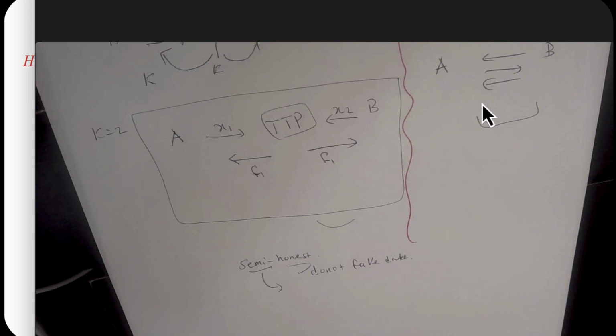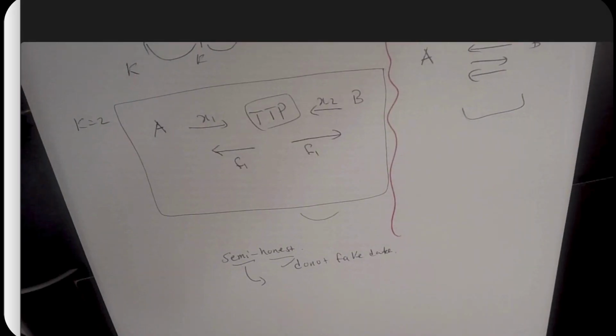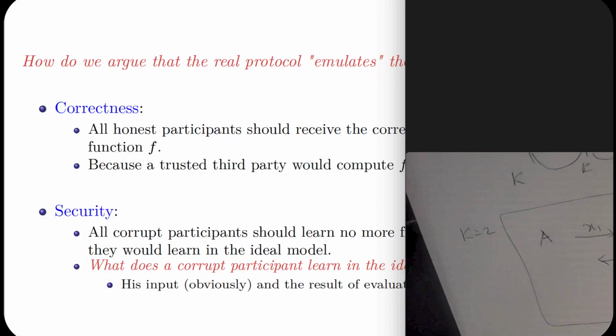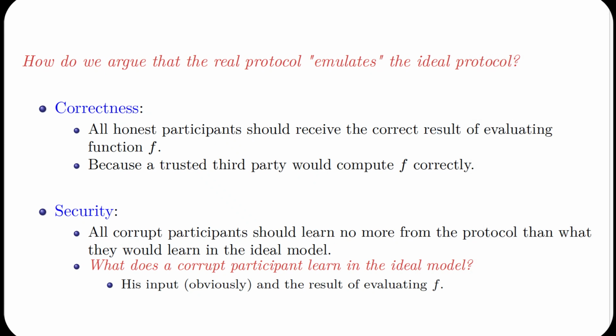And here for A and B, since both of them are honest, they are not going to cheat about their values, and this protocol is going to compute the correct answer. So the result here is going to be similar to the result in this case. Okay, good.